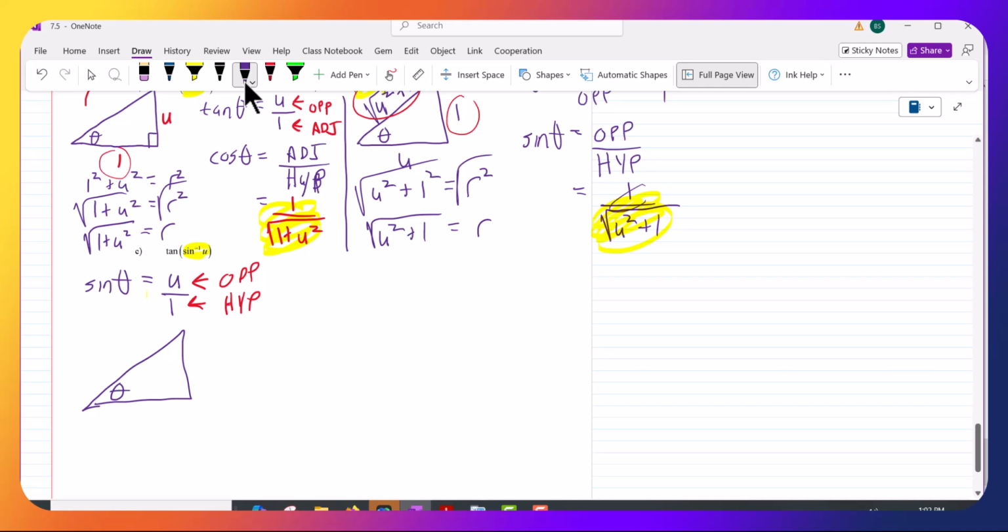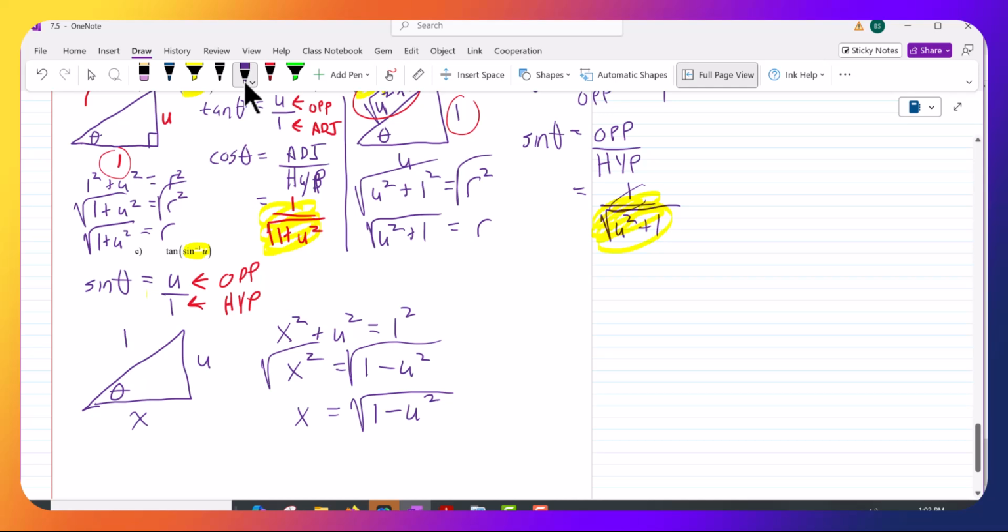The side opposite will be u, the hypotenuse will be 1, so this time we have to find that value, which I'll just call x. So we would do x squared plus u squared is equal to 1 squared, Pythagorean theorem, so I rewrite this as x squared equals 1 minus u squared. I take the square root of both sides, so I'm going to get x equals the square root of 1 minus u squared. We're just going to use positive numbers on these.